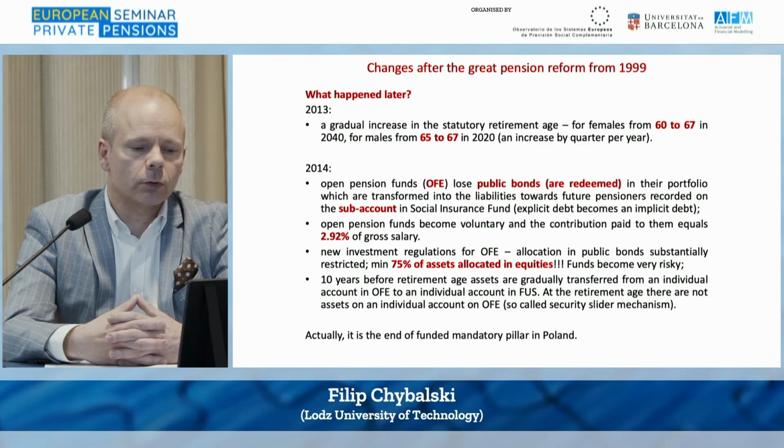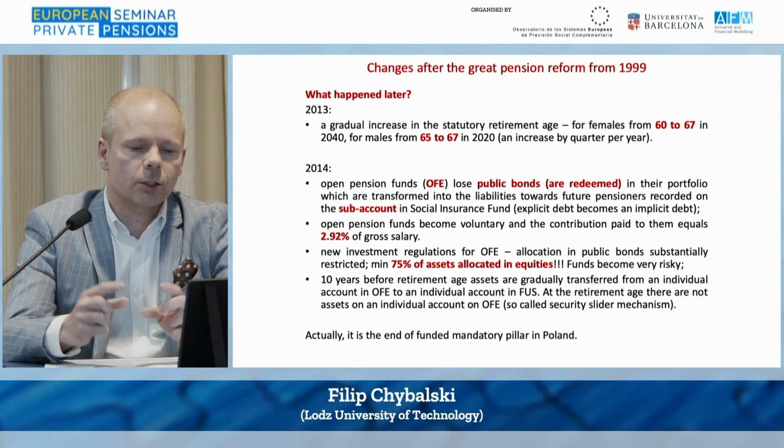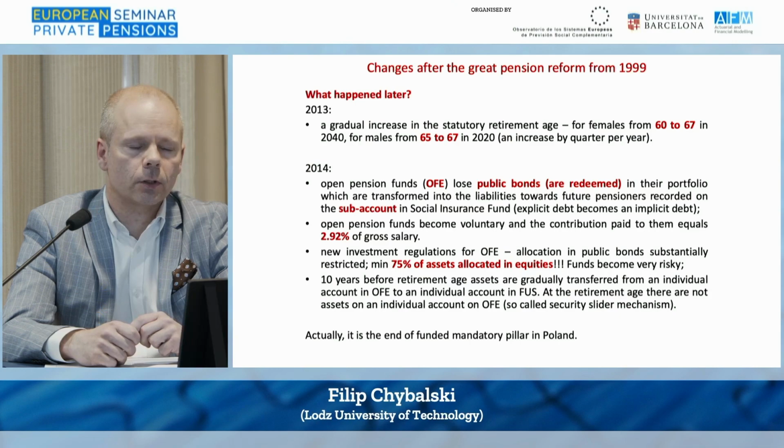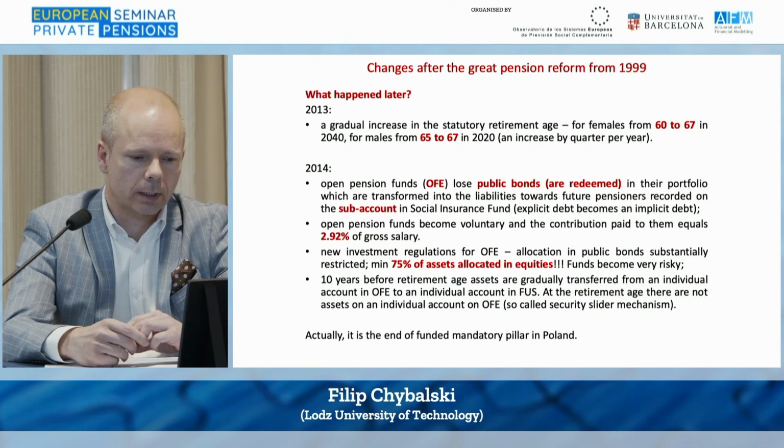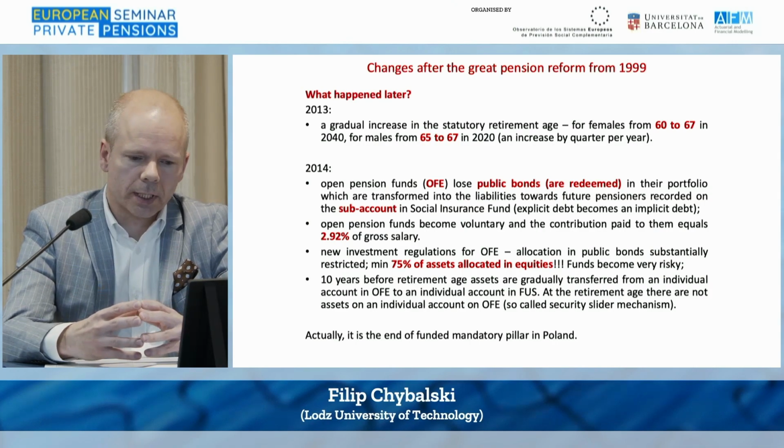Ten years before retirement age, assets are gradually transferred from the second pillar, from the open pension funds, to the first pillar. And at the retirement age, there are no assets on an individual account in open pension funds. So this is the so-called security slider mechanism.